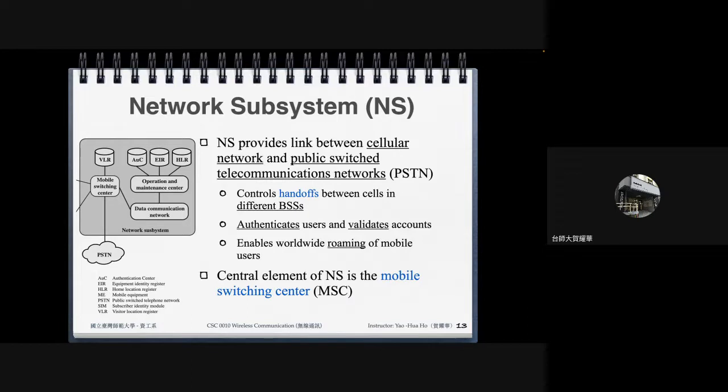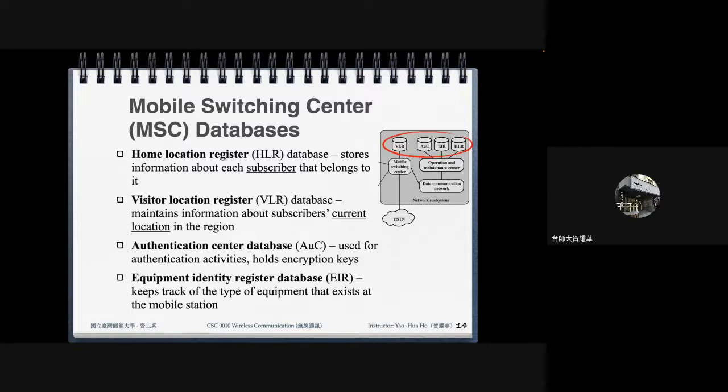Besides the mobile switching center, the network subsystem has a set of databases that keep track of a variety of information. The home register database stores information about each subscriber. The visitor location database maintains information about subscribers' current location, so that when they move to a specific location you can do paging and find those users.